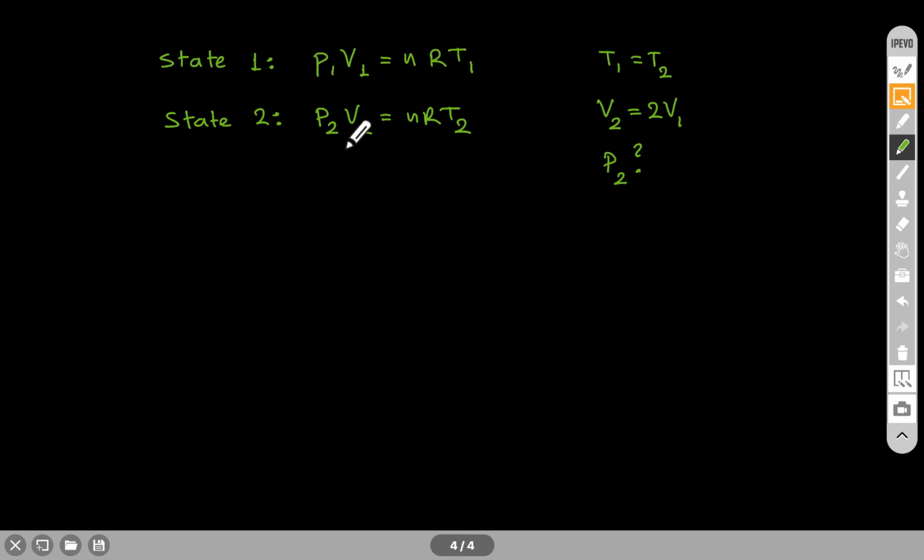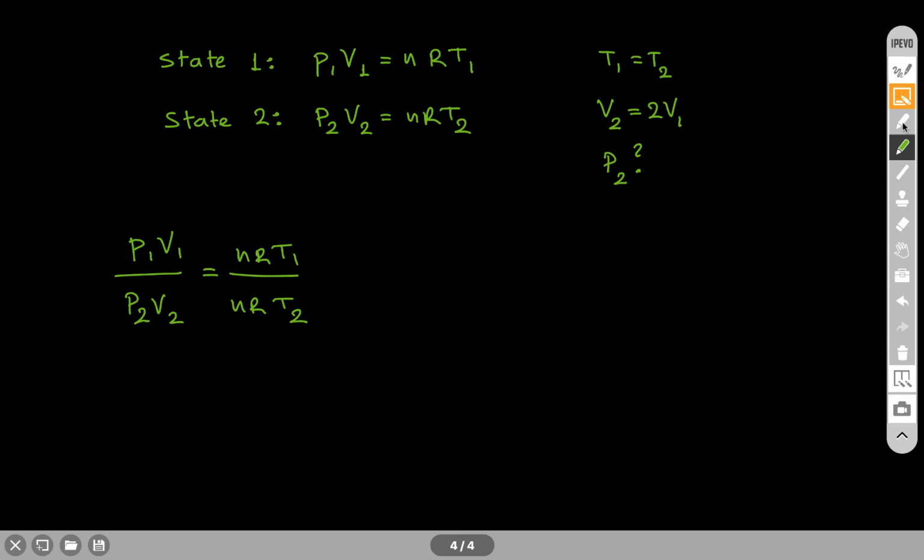The way that we can work with an ideal gas involving two states is the following. We can divide both sides and see what we get. So P1 V1 divided by P2 V2 equals nRT1 divided by nRT2.